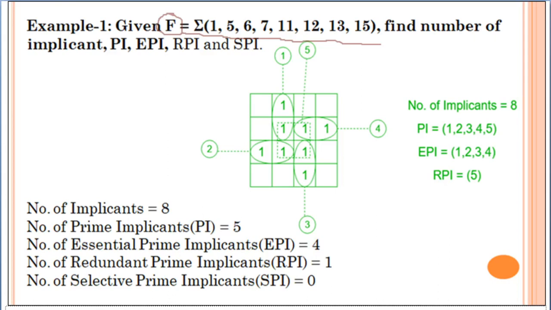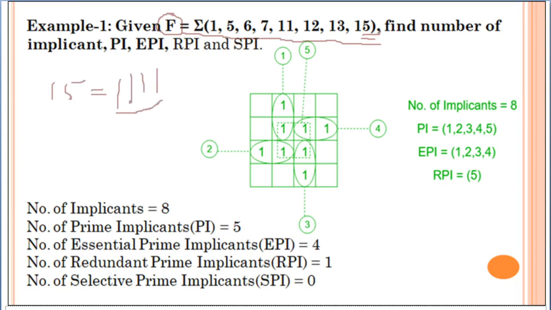Here, the maximum identity of the min terms in that particular function is 15. If we convert this 15 into binary, we have 1111.